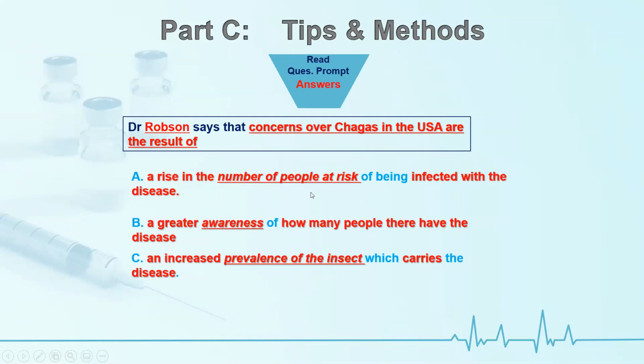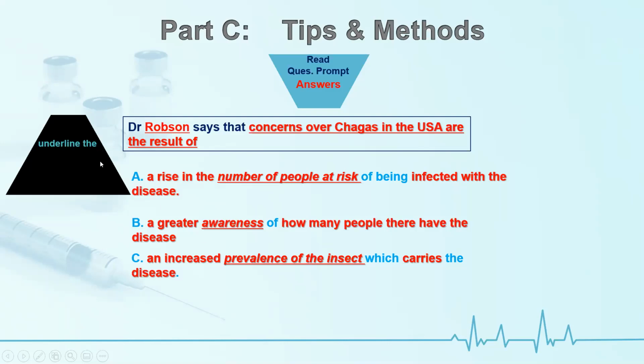We have important information or keywords like a rise in the number of people at risk of being infected with the disease, number of people at risk, greater awareness of how many people there have the disease, greater awareness, people have the disease, then increased prevalence of the insect which carries the disease, increased prevalence of the insect which carries the disease.